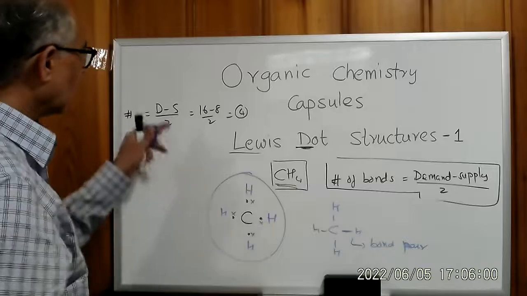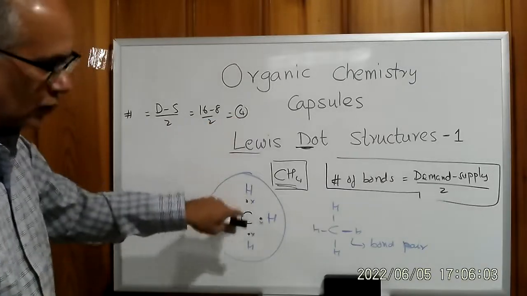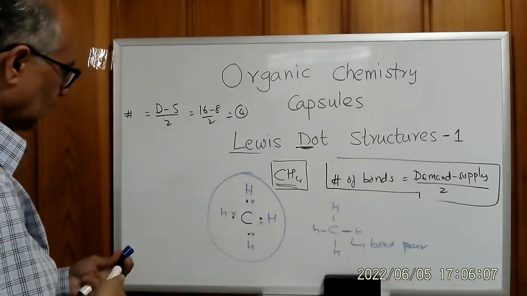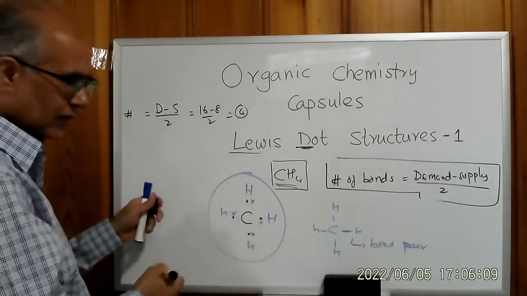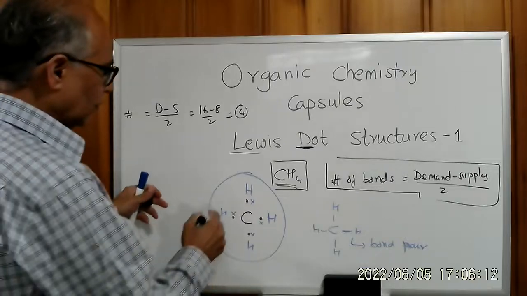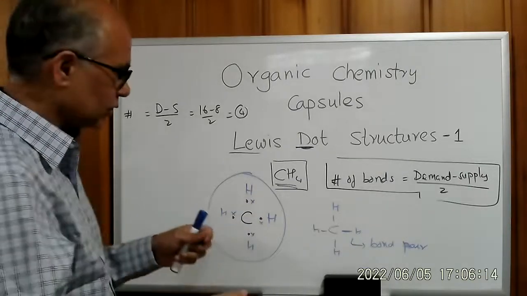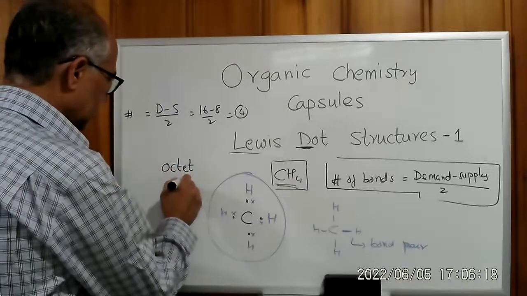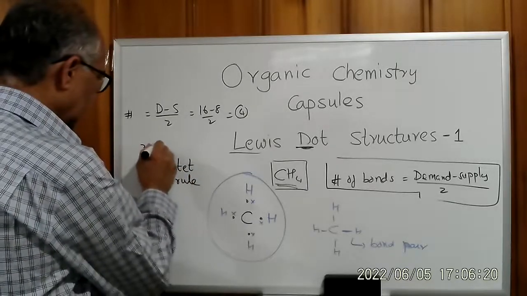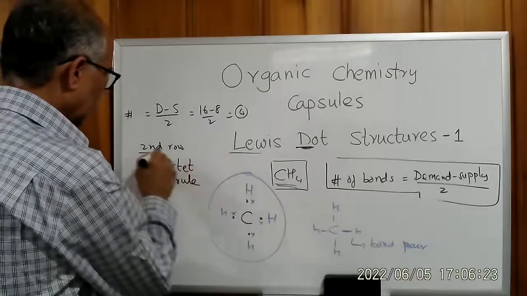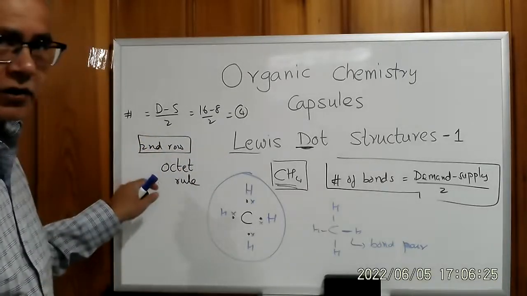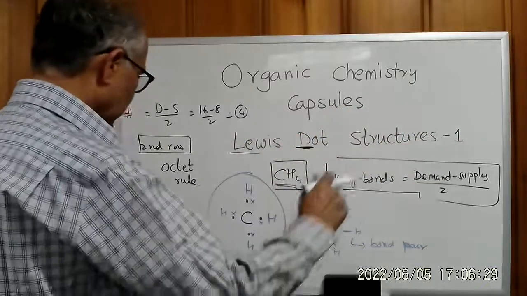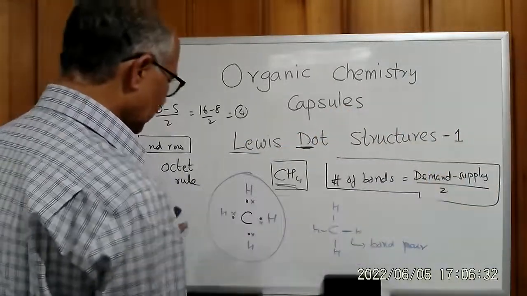So you see 4 bonds here. Now again, let's take a look at whether the demand of each of these atoms is satisfied. We said carbon demands 8 electrons. That's where you get the octet rule. The second row elements that we have seen before tend to satisfy the octet rule. They need 8 electrons around them, especially carbon, nitrogen, oxygen, fluorine.